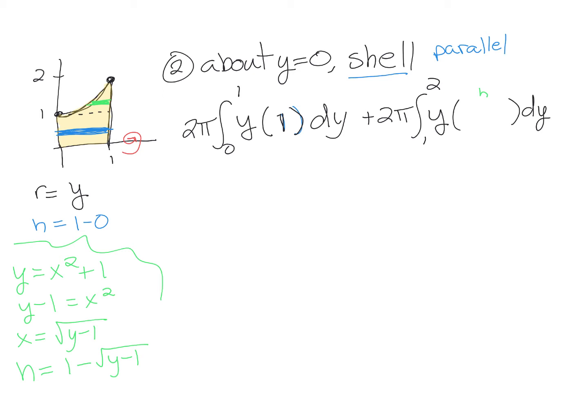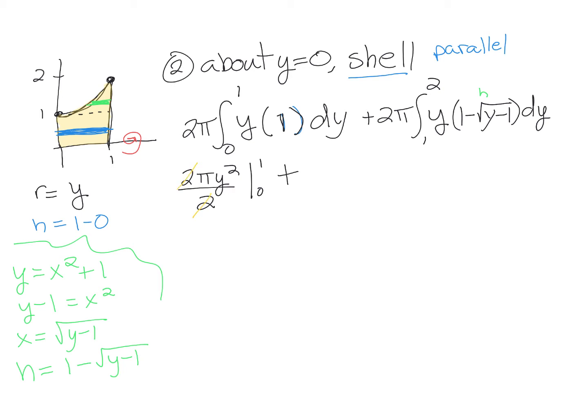So once I plug in my height, 1 minus the square root of y minus 1, notice that in this second integral, I can multiply the y times 1 and just do that integral. Then I can multiply the y times the root and do a separate special substitution integral. This guy right here, integrating y, I get y squared over 2. The 2's are going to cancel. I'm going to plug in the 1.